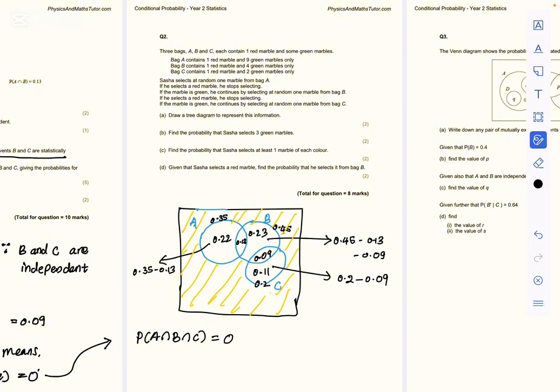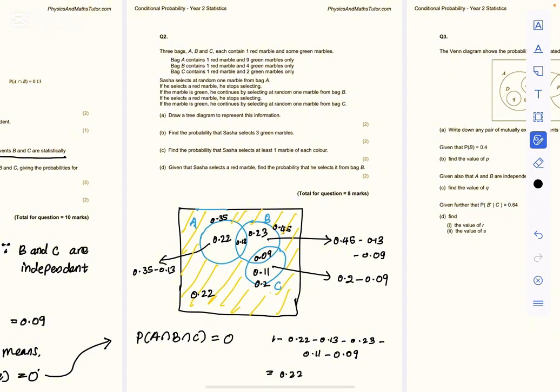It will be 1 minus 0.22 minus 0.13 minus 0.23 minus 0.11 minus 0.09, all the individual sections added. That means the outside is 0.22.